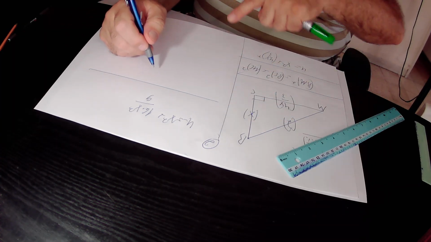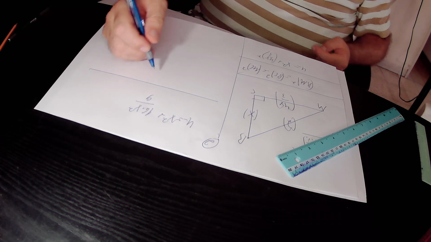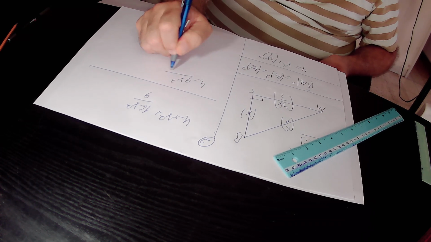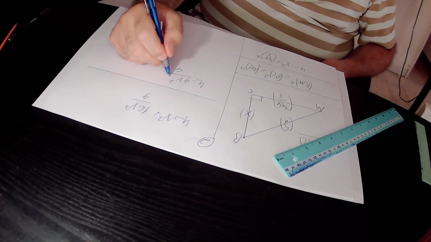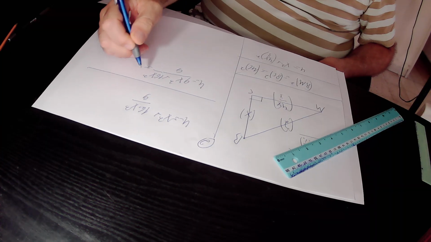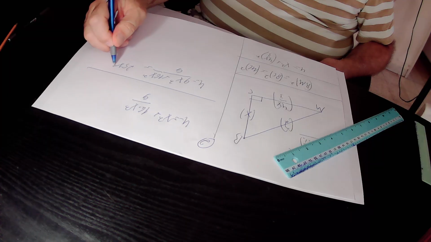Here we multiply x squared by 9 and then divide it by 9 in order to get a common factor with this expression. And we get that 4 equals 9x squared over 9 plus 16x squared over 9. 16x squared plus 9x squared is 25x squared over 9.